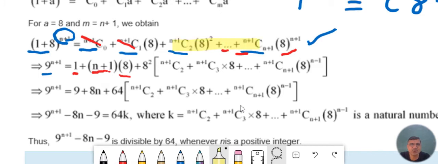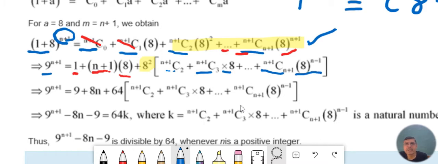except the first two, I am taking 8 square common. The remaining thing is this that you can see over here: n plus 1 C2, I will not expand, n plus 1 C3 into 8 plus, up to n plus 1 C n plus 1, 8 raised to n minus 1.